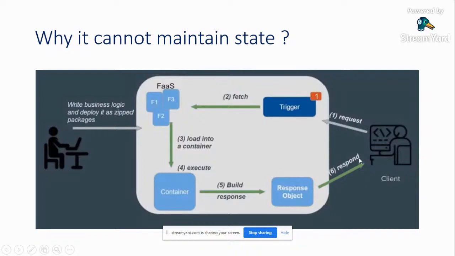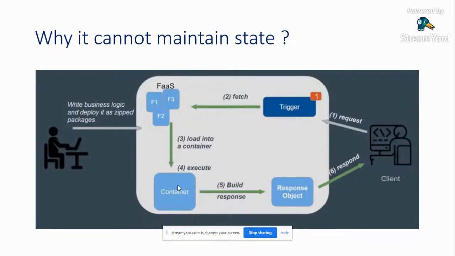As soon as it gives the response back to the client, this container will die. So next time if you give the same HTTP endpoint, it will trigger, fetch the function, load it in some other container and give the result. This is why, as we say, the container dies after each and every response is given.